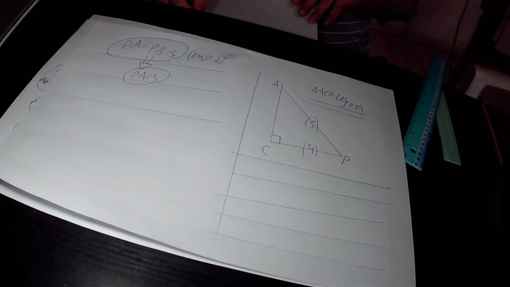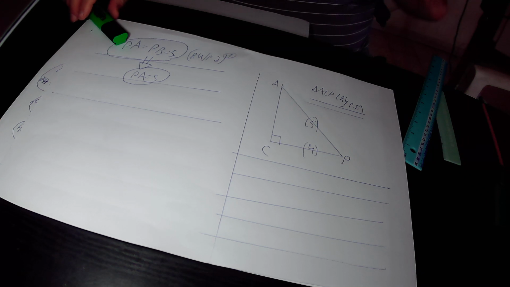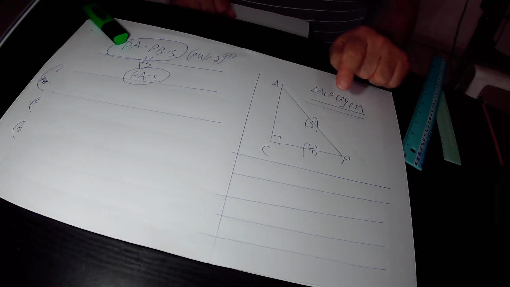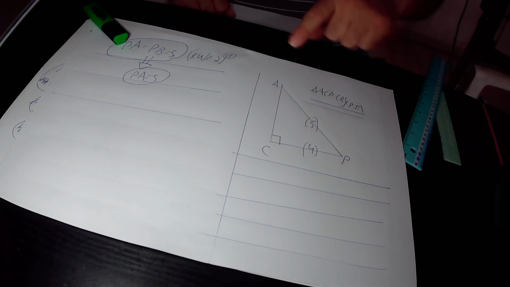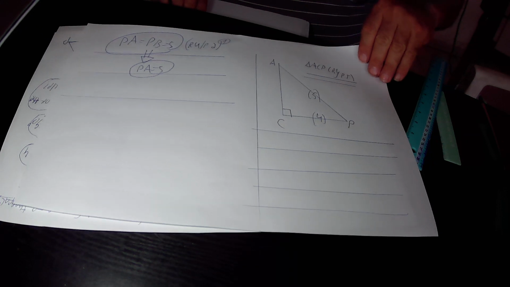According to the Pythagoras theorem, in this right triangle ACP, AP squared, that is the square of the hypotenuse, is equal to AC squared plus CP squared. So I write it down.